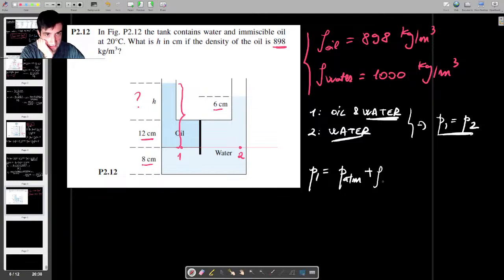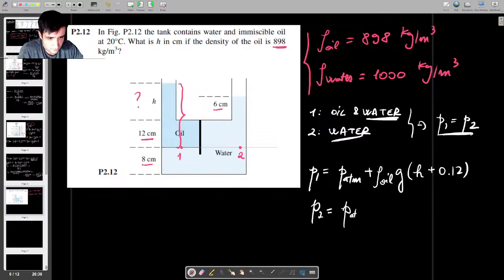So we've got atmospheric pressure, and then we have the hydrostatic pressure of the oil. So we have the density of oil times G, and then we have the height, which is H plus 0.12, right? Because I'm using meters, and you should use meters rather than centimeters as much as possible. So that's P1. And then P2, we've got a similar case. So we've got atmospheric pressure plus density of water times G, and then times, so we know this is going to be just 18 centimeters.